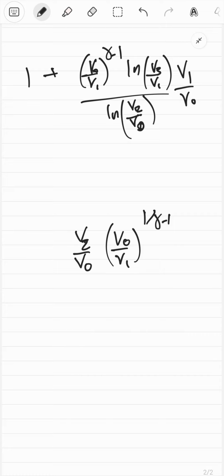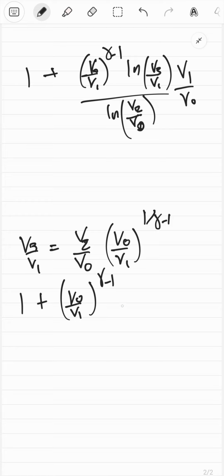Put that in there, so natural log of v3 upon v1. That's what v3 upon v1 is, by the way. This is going to give us two factors, so it's just 1 plus v0 upon v1 to the power gamma minus 1. You should probably also have that. So it will actually just give us gamma minus 2, most likely.